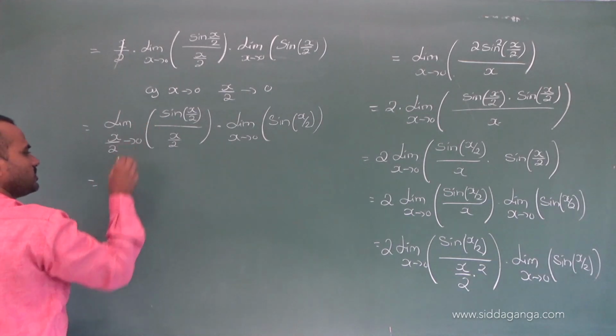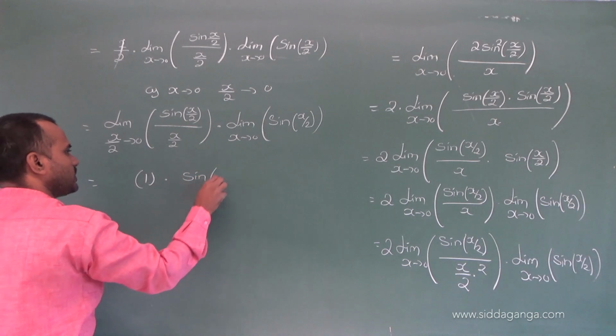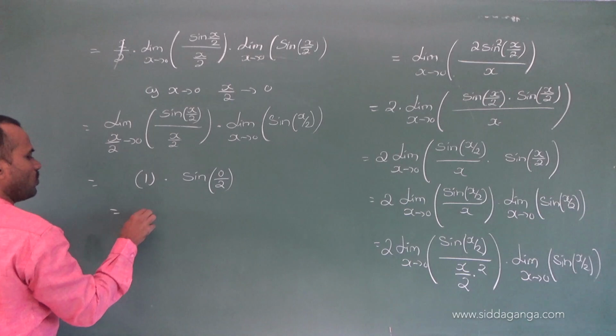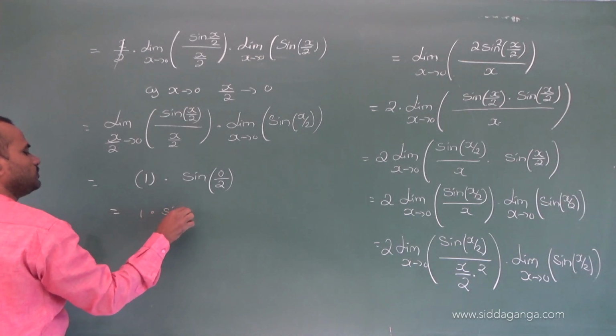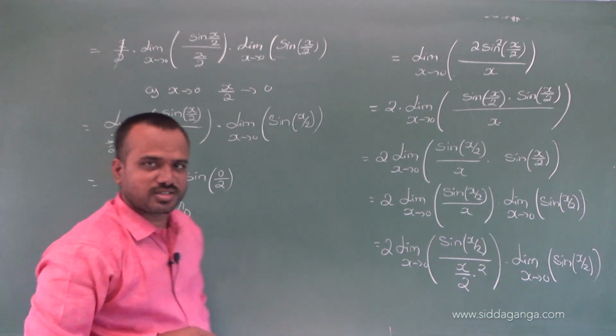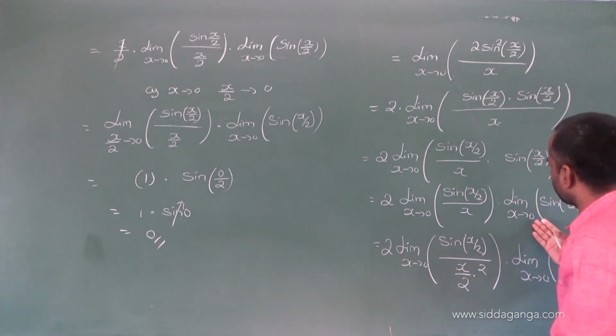This is 1 into, wherever x, substitute 0, sin 0 by 2. 1 into sin 0. What is the value of sin 0? 0. The answer is 0.